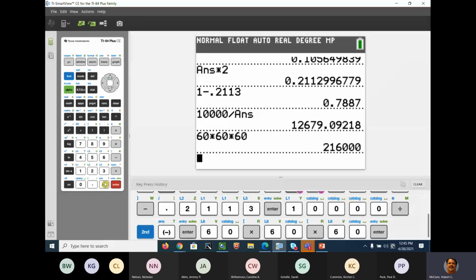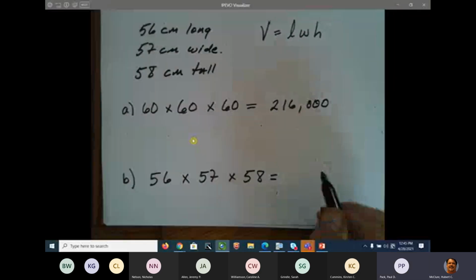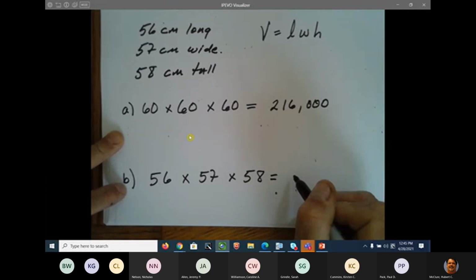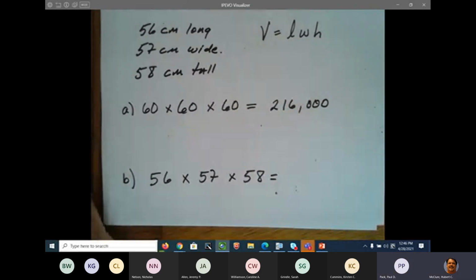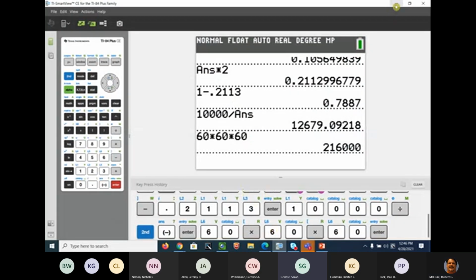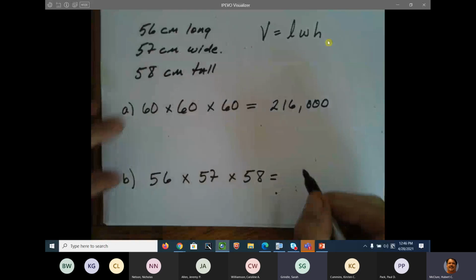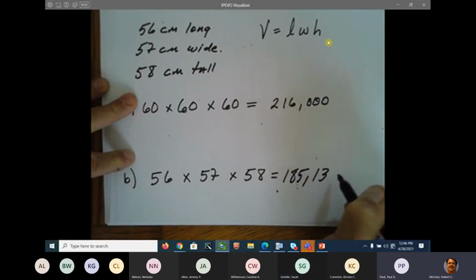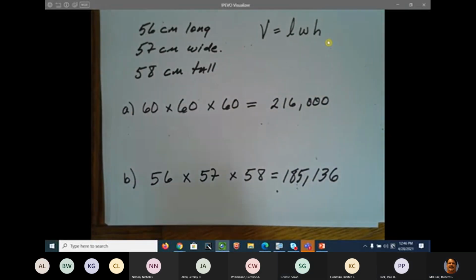And what'd y'all get when you multiplied the three numbers just by themselves? 185,136. Yep. So this is estimating, and this is an estimate.